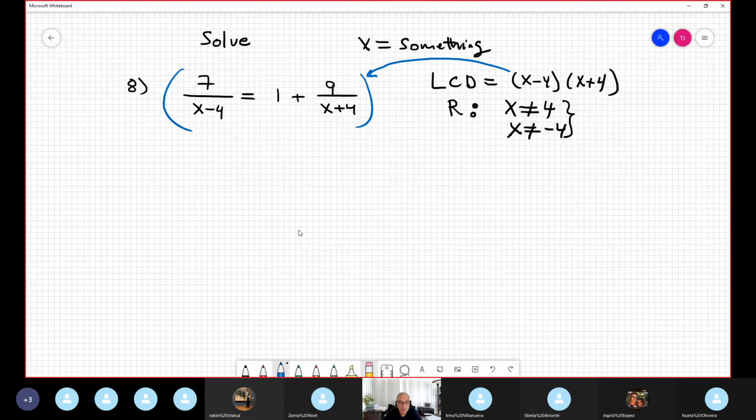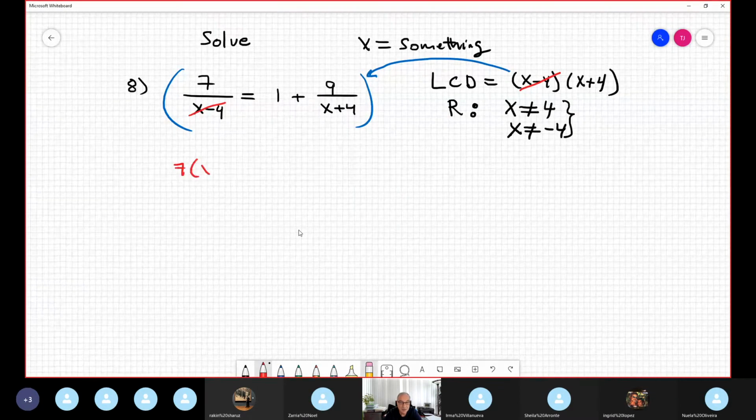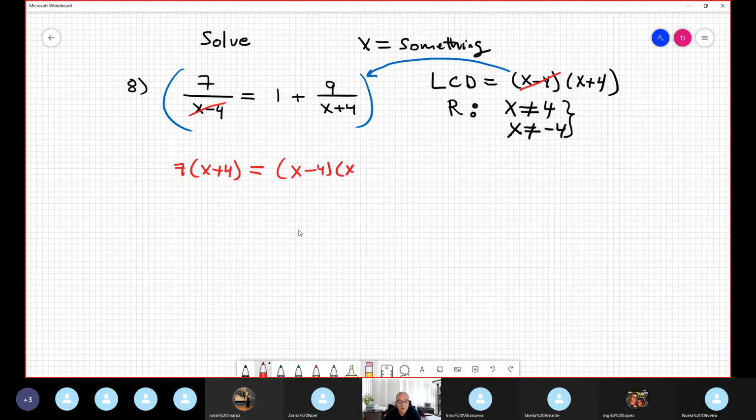When you multiply by the LCD, in the left hand side of the equation, x minus 4 is cancelled with this x minus 4 and stays alive 7 times x plus 4 equal. And 1 times this, nobody is cancelled, so stays only x minus 4, x plus 4.